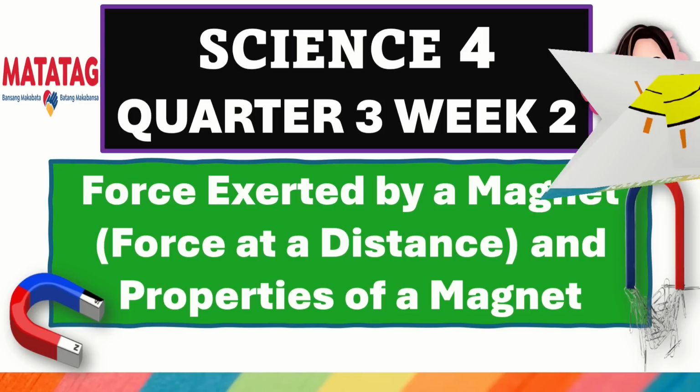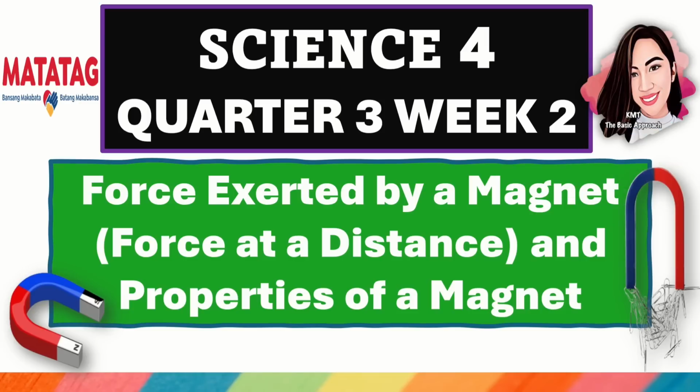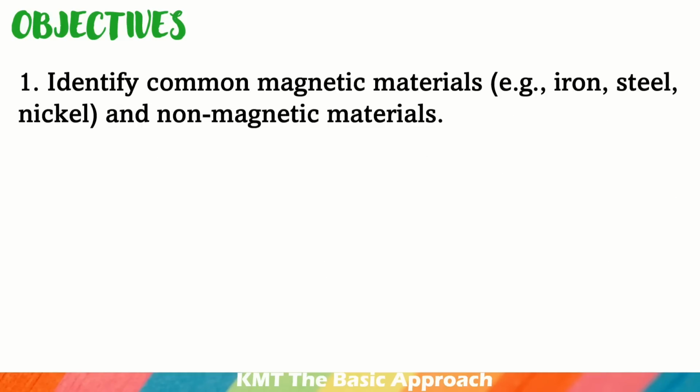Today, we will learn about force exerted by a magnet or force at a distance and properties of a magnet. Here are the possible objectives for today's lesson. Number 1. Identify common magnetic materials. Example, iron, steel, nickel, and non-magnetic materials.